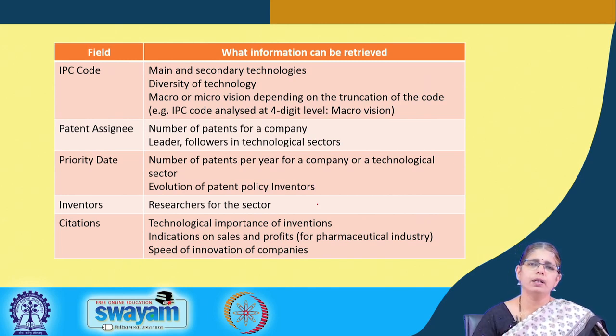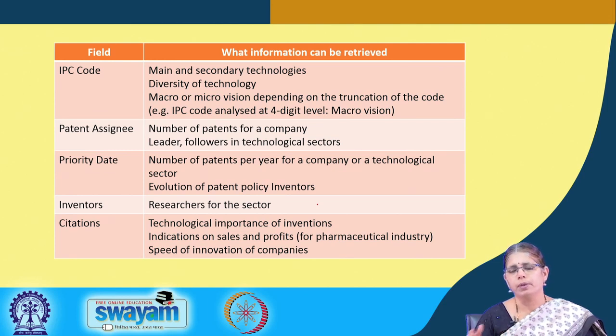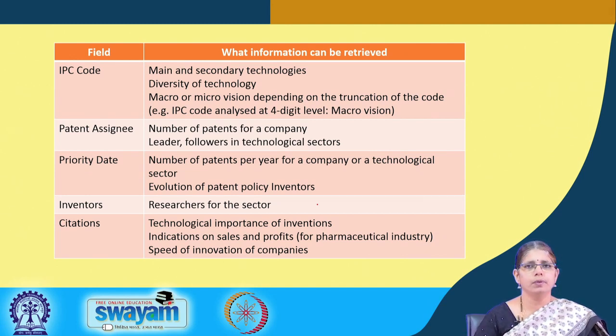We can get information in relation to the main and the secondary technologies. One can understand the diversity of technology, or rather the growth of a particular technology. Since IPC codes represent the classification to different levels, one can actually go to different digit level analysis. So that is where one can see the depth of information in relation to IPC.